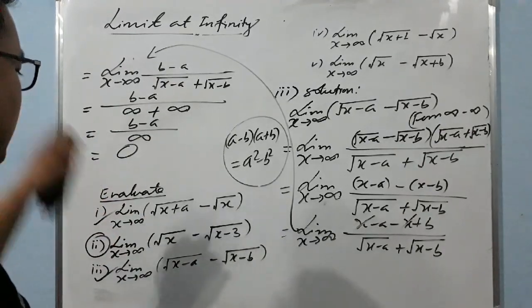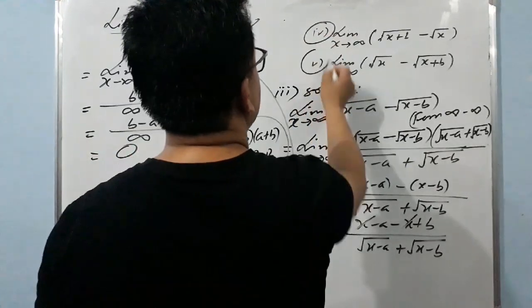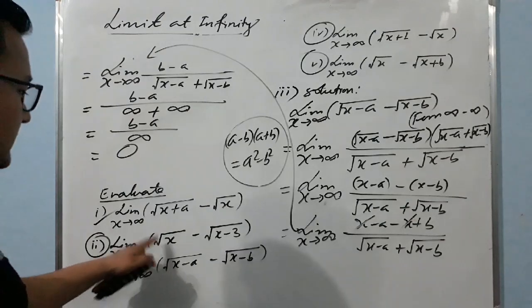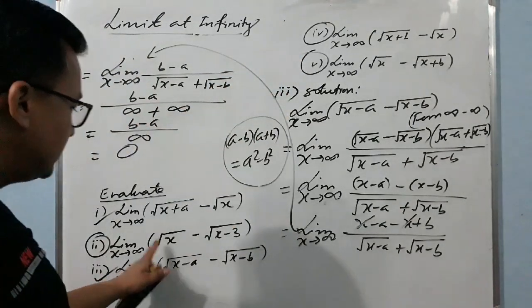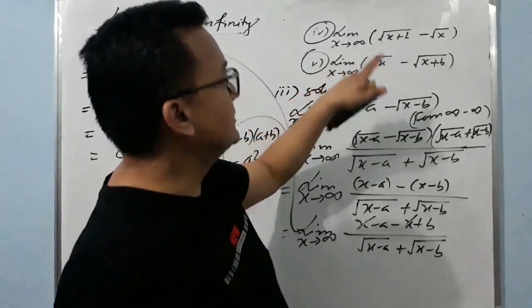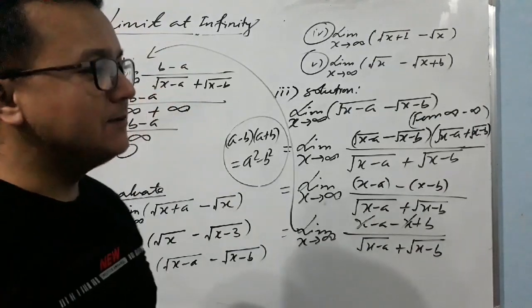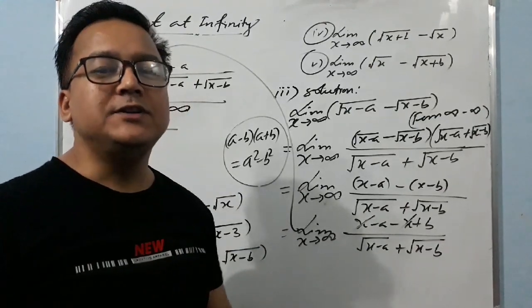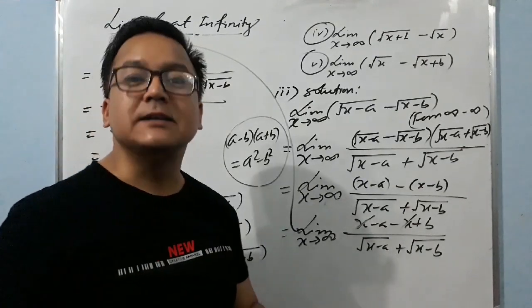I hope you can do the remaining questions. I have given only 3 questions for you to practice. You can practice this one, and these 2 questions are also here. The answer of this is also 0, this also 0, this also 0. Okay. Today I've taken only very easy questions, very simple questions, on how to find the limit of an algebraic function at infinity.